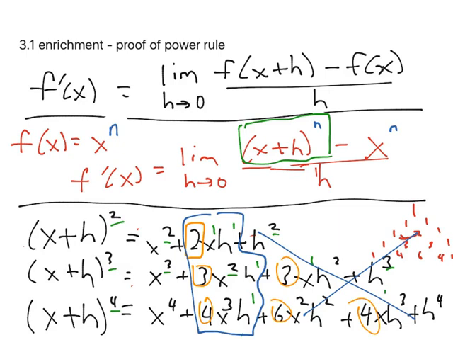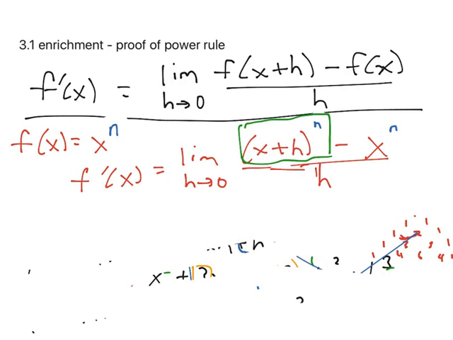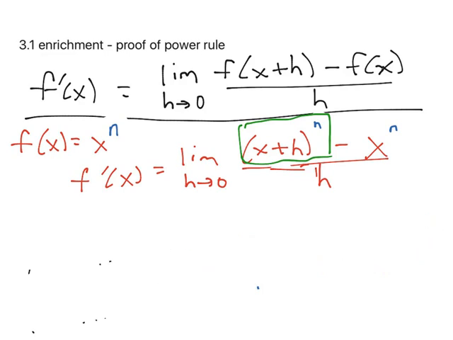Okay. Now we're ready to go back to the general case. f(x) is x to the n power. f'(x) is the limit as h goes to 0 of (x + h) to the n power minus x to the n power over h. Expand out.